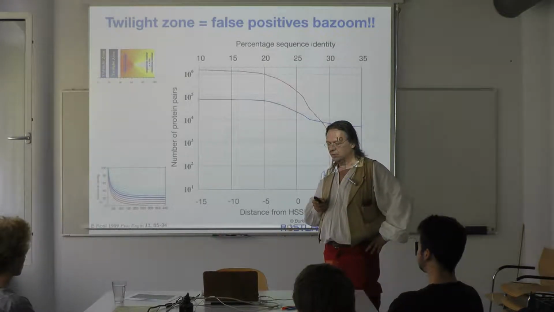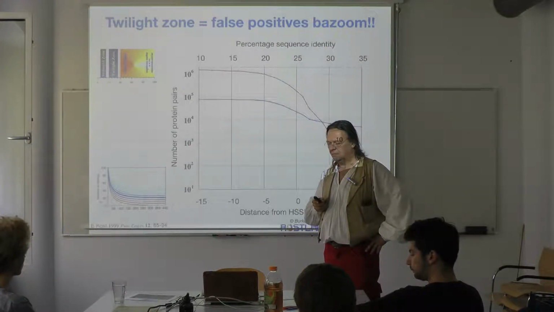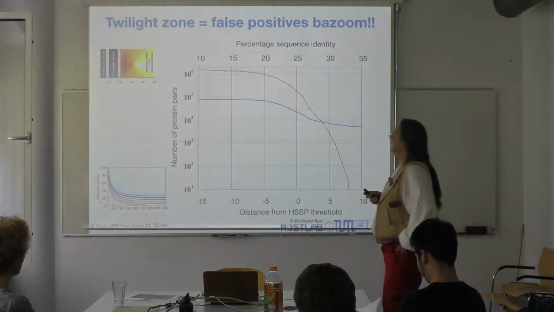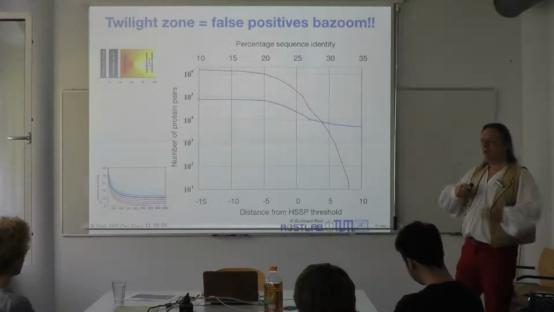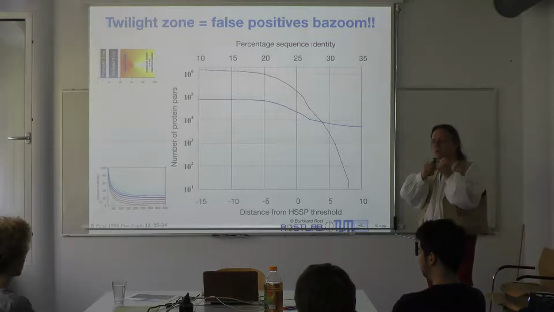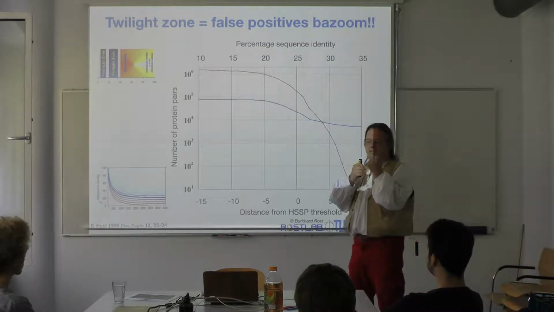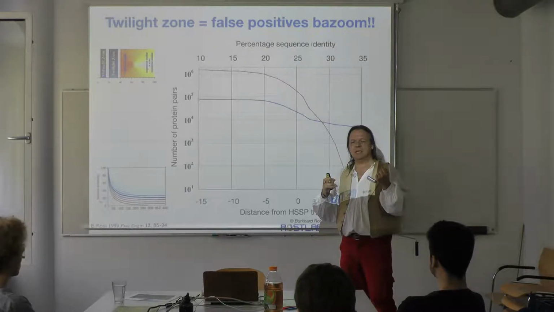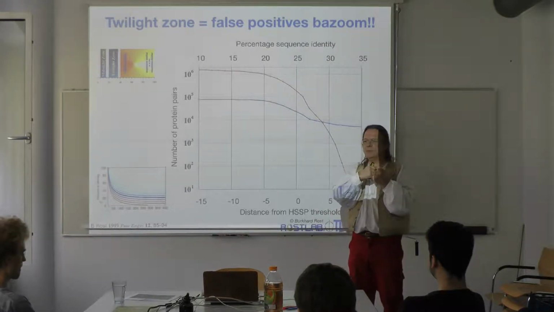And now, did I show you this plot? Yes. So when you do an all against all comparison of 3D structures, you take the entire PDB, use a sequence unique subset of the PDB, and compare that as three-dimensional structures, sequence unique against everything.